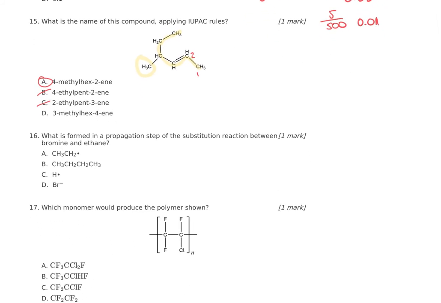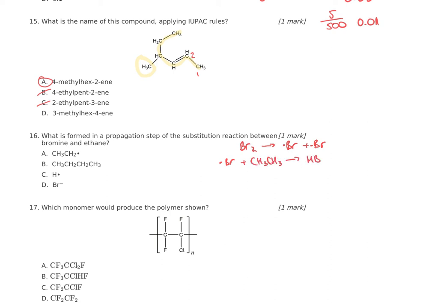Number 16. What is formed in the propagation step, the substitution reaction between bromine and ethane? So bromine is going to form 2 free radicals. And then that free radical will react with ethane, CH3, CH3.